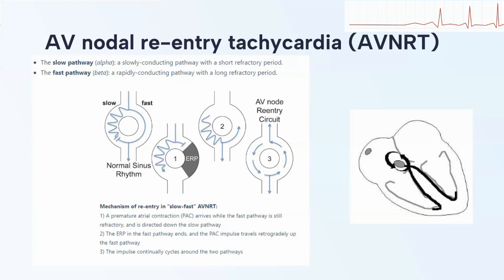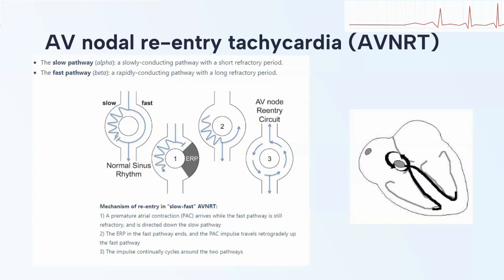So the pathophysiology behind this AV nodal re-entry is that while the impulse is going down the fast pathway with the long refractory period, and while this pathway is still in this refractory period, because of these irritating foci in the atria, whether it's caffeine, alcohol, meth or other drugs, it causes some irritation in the atria and gives you a premature atrial complex.